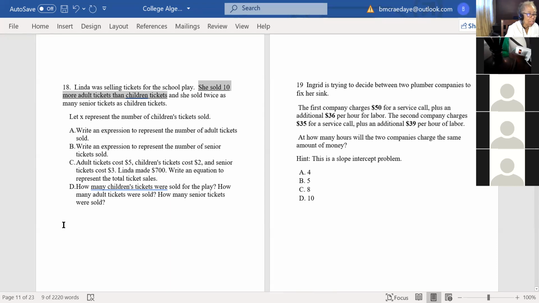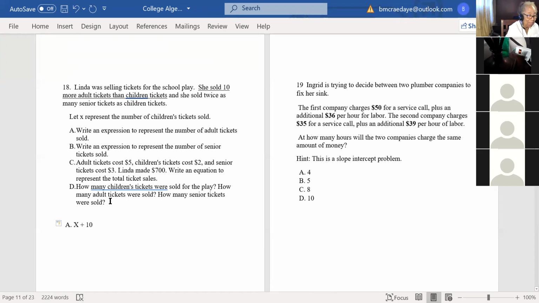X is the number of children's tickets. So how would you write an expression to show the number of adult tickets? X plus 10. That's it. Excellent. X plus 10.